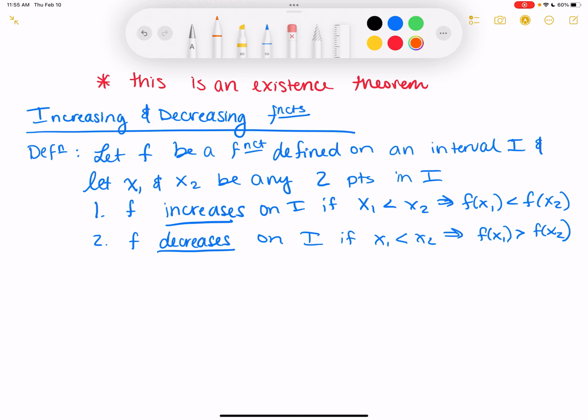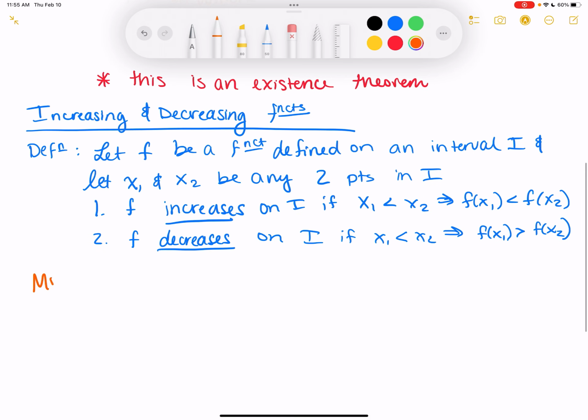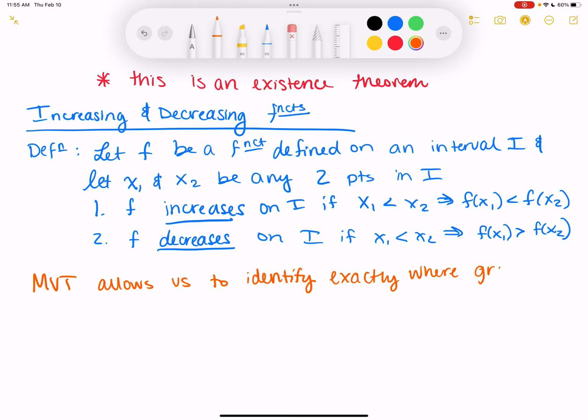So along with this, the increasing and decreasing stuff, the mean value theorem allows us to identify exactly where graphs rise and fall.